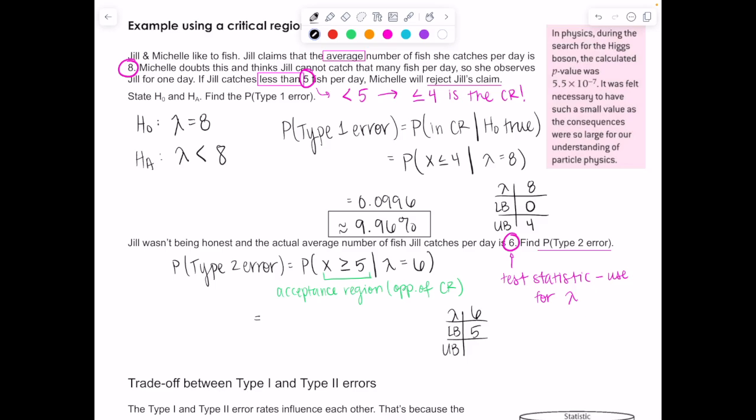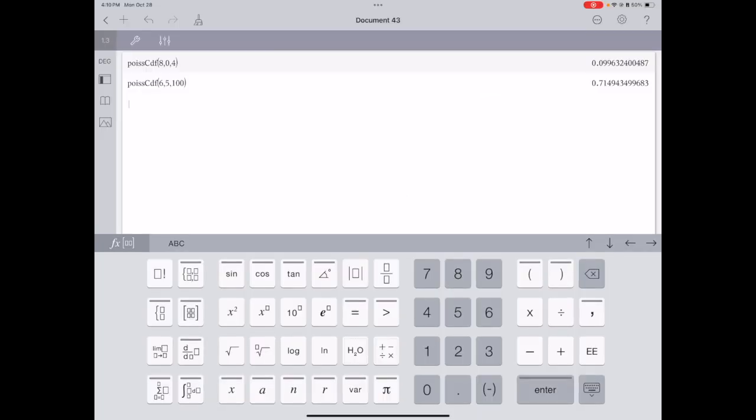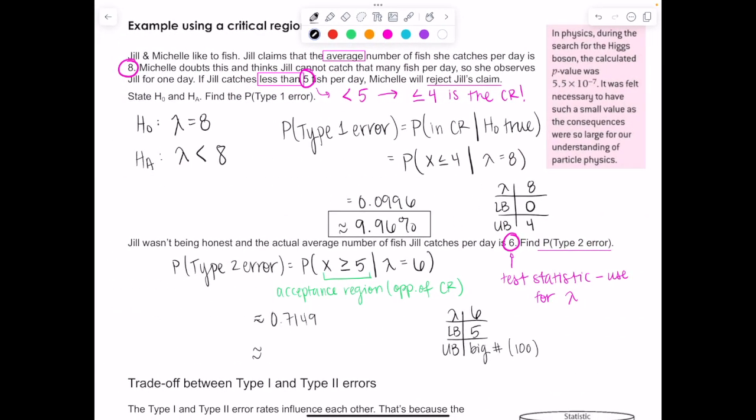Our upper bound is a big number, not too big though, so maybe like 100. So the probability of that is 71.5%. So about a 71.5% chance that we make a type 2 error in this calculation.